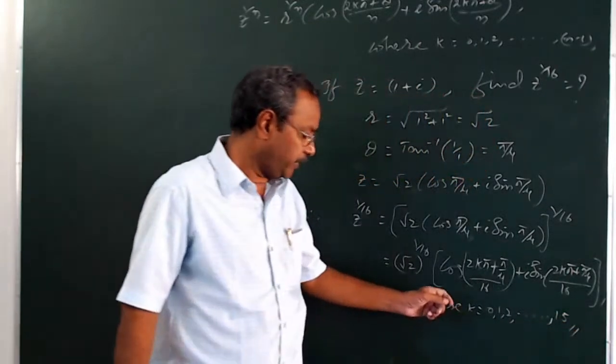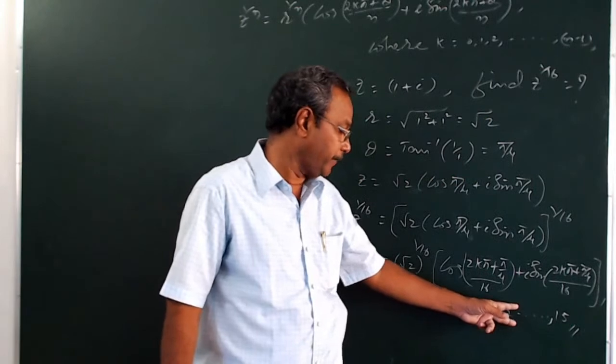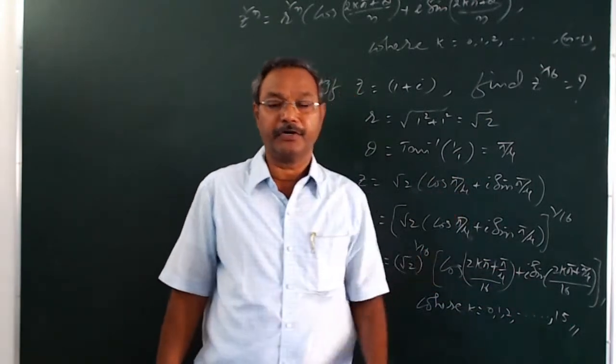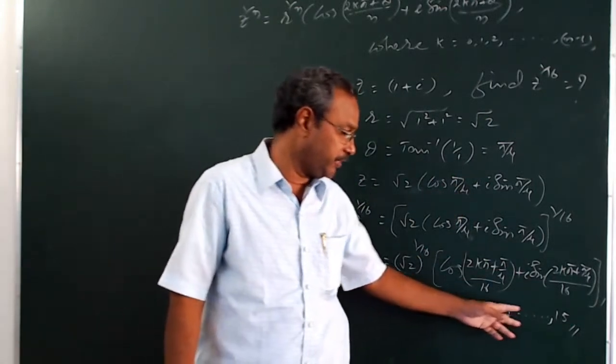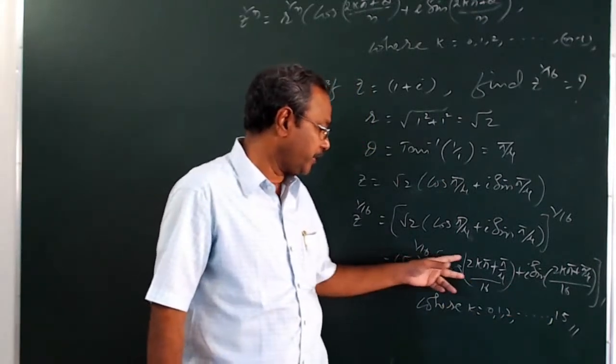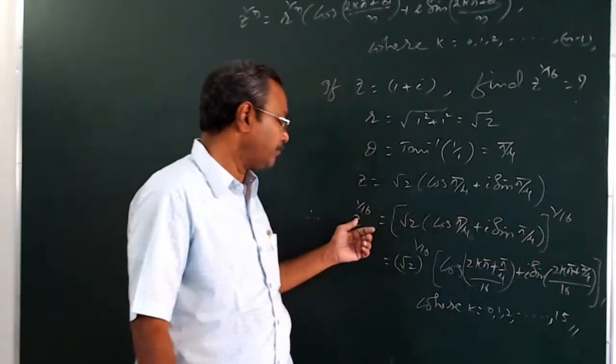So for each and every value of this k, you are going to get a different root. So for these 16 different values of k, you are going to get 16 different roots for this complex number z.